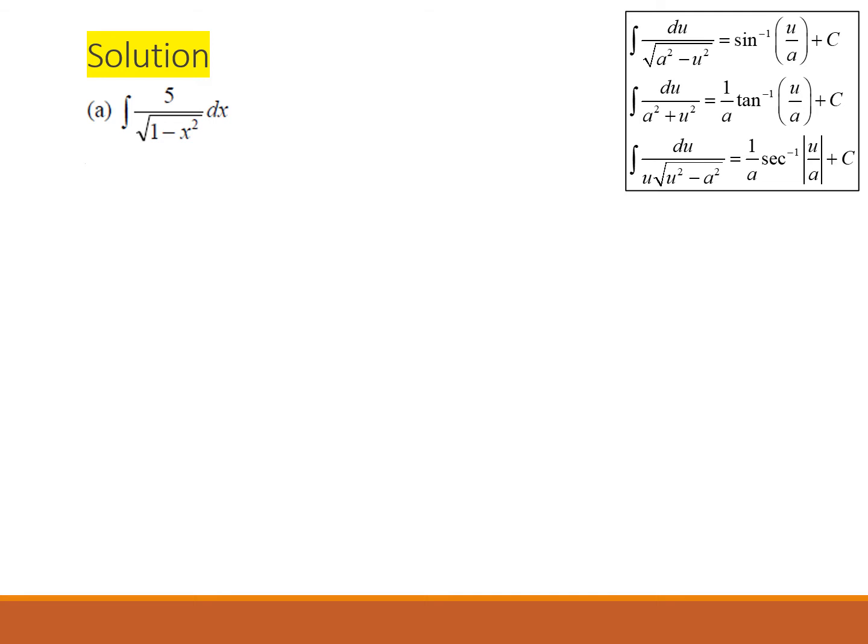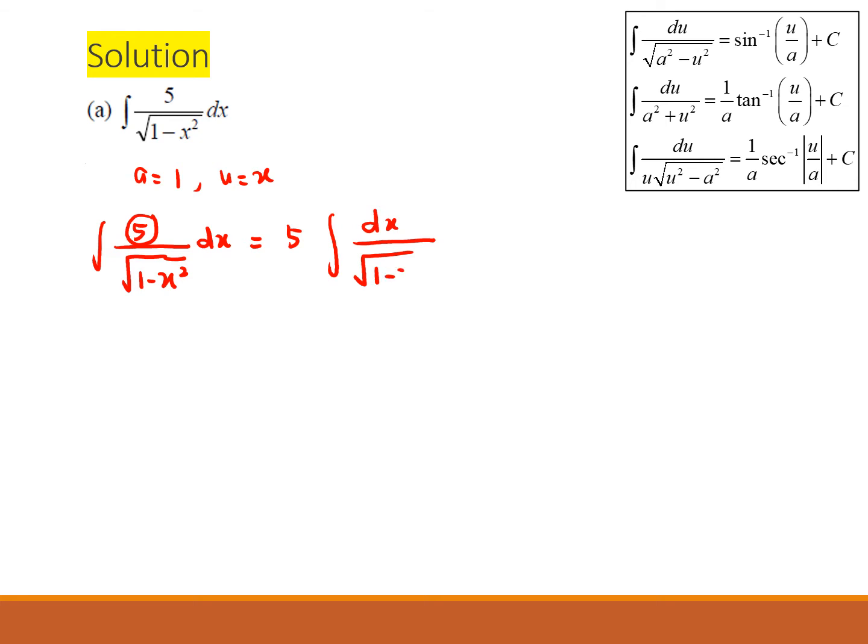Now let us try this integration. We have a equals 1 and u equals x. So the integration of 5 over the square root of 1 minus x squared dx will be equal to, we can take 5 out, and we have dx over the square root of 1 minus x squared.